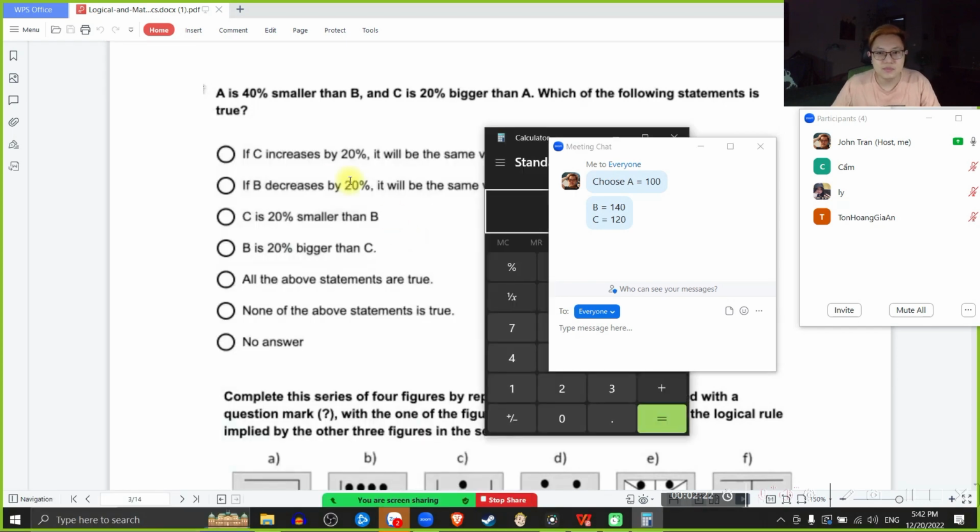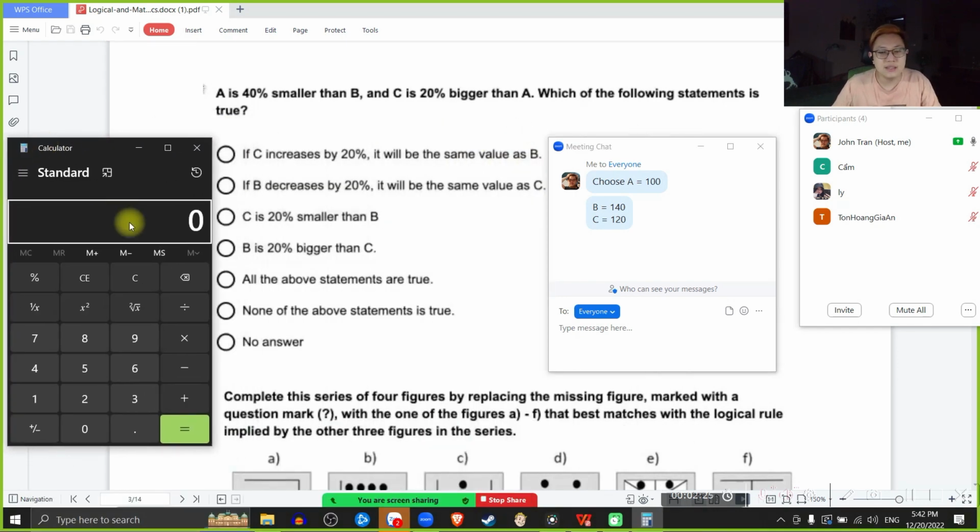Get a calculator. So, if C increases by 20%, it will be 120 times 1.2, tức là 120%.